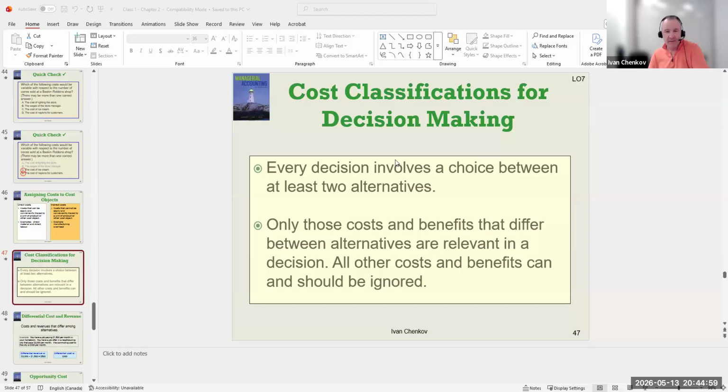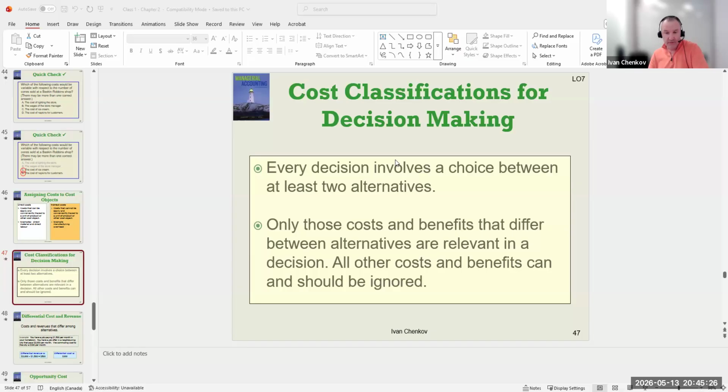Decision making. A decision usually involves a choice between alternatives. You have to have at least two alternatives in order to make a decision. If there's only one alternative, there's no decision, you just take what's available and move on.